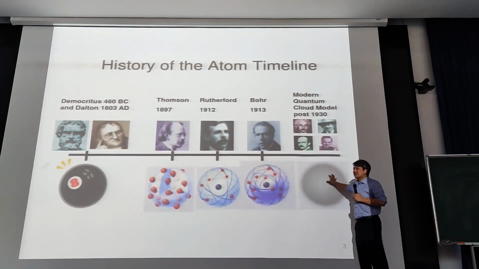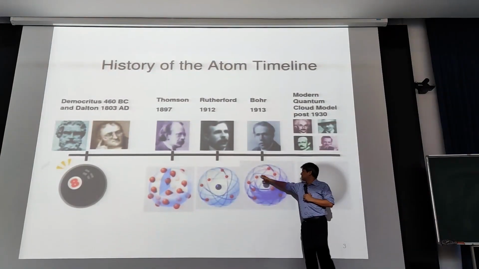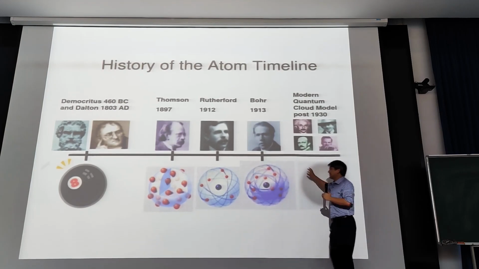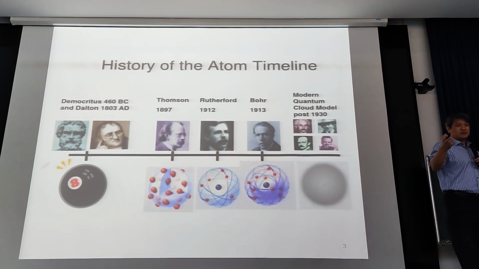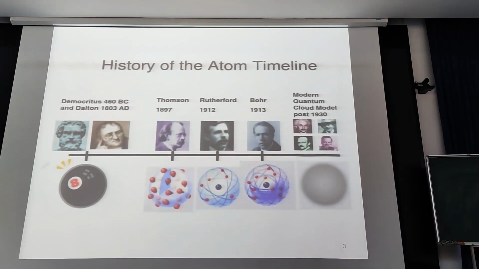Then we talk about the concept of not moving in a precise orbit, but moving in space in a random way within an orbital. So you will learn about the concept of orbit and orbital. And of course, we want to describe the movement of electrons because we want to understand how the arrangement of electrons impacts the physical and chemical properties, because at the end of the day, we want to look at the physical and chemical properties of matter.